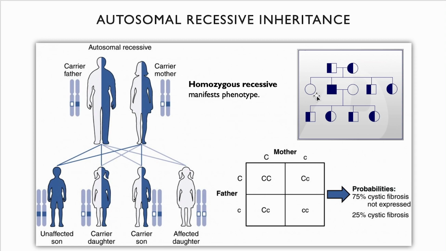And they have 4 kids. 1 didn't inherit any allele. 1 inherited both alleles, so manifests the phenotype. And 2 are carriers. So exactly as we mentioned before, 25, 50, and 25.